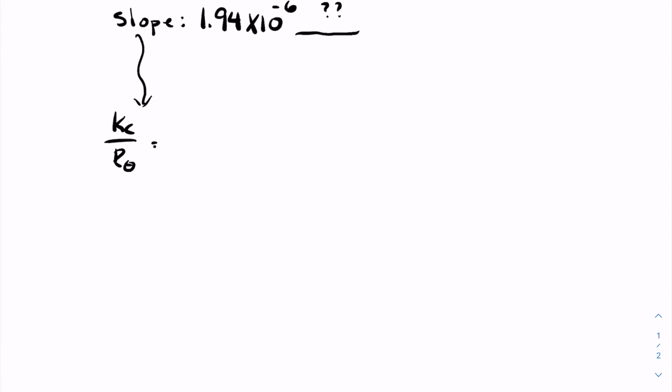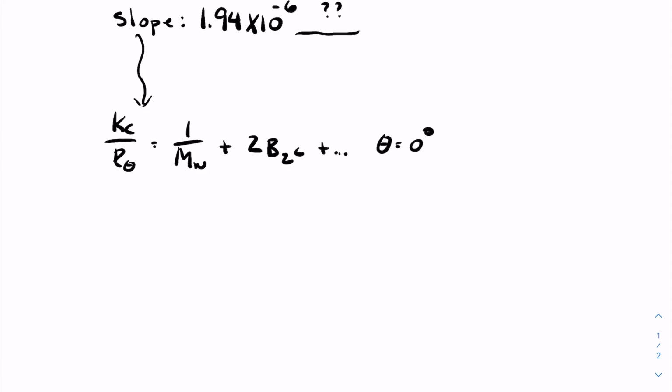So from the slope, what we can do is now calculate what the second virial coefficient is. So the slope was 1.94 times 10 to the minus 6th, and we have the units issue again. We'll have to figure out what the units are. This time I'll actually go through it though and show you a little bit. But remember, Kc divided by R theta is equal to 1 over the molecular weight plus 2 times the second virial coefficient times concentration plus higher order terms in the case that the scattering angle theta is equal to 0, or Q is equal to 0.